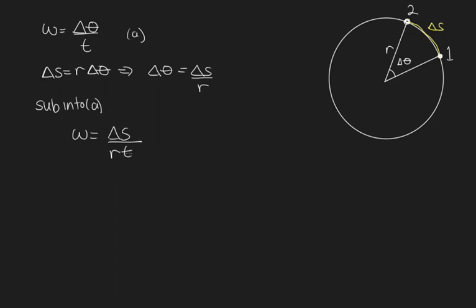And now delta S, that's the arc length, which is the distance this body has travelled in this time. So delta S divided by t is just equal to the velocity, just the distance over the time. So we've got that this is equal to v on r. And so this tells us that v is equal to omega r, just rearranging, multiplying both sides of this equation by r.